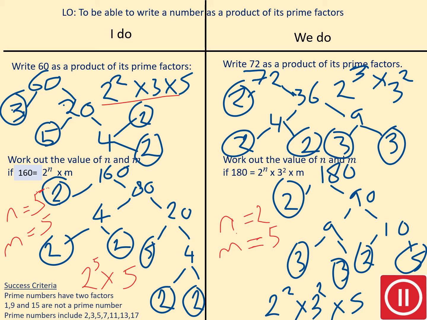Let's look at the 10 now. 2 times 5 is 10, and they're both prime. So we end up with 2 squared times 3 squared times 5. Let's go back to the question again. If 180 equals 2 to the n, well, that's 2 squared, so n must be 2. Times 3 squared, yeah, that matches our answer, and m must be 5.